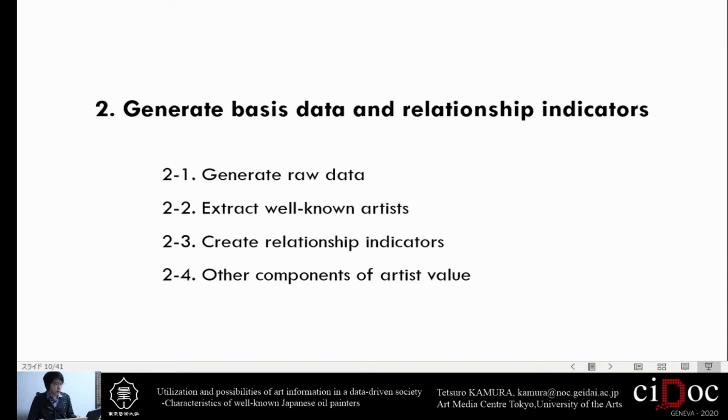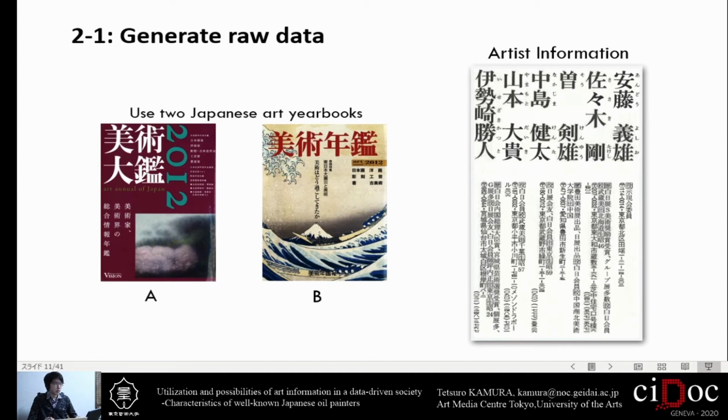In this section, I'll show how to generate raw data and related indicators for analysis. Generate raw data. When we analyze something, we need a large amount of data. So, I tried to search for the Japanese artist authority data in Japan. However, I was unable to find it.